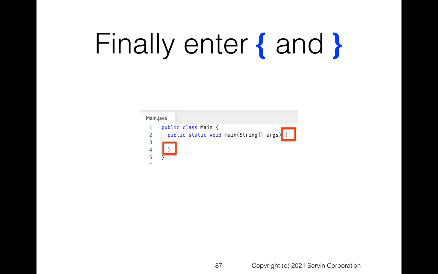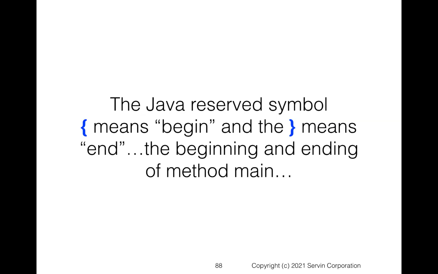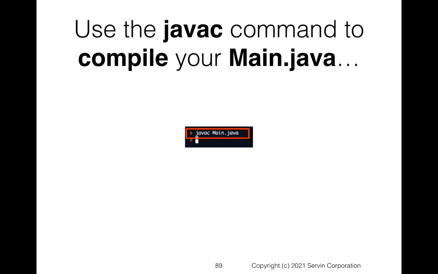So finally, enter another open and closing curly brace. The Java reserved symbol again, the open curly brace means begin, and the closing curly brace means end. So what this is really showing you is the beginning and ending of method main. Now, once we've entered that, use the javac command to compile your Main.java.